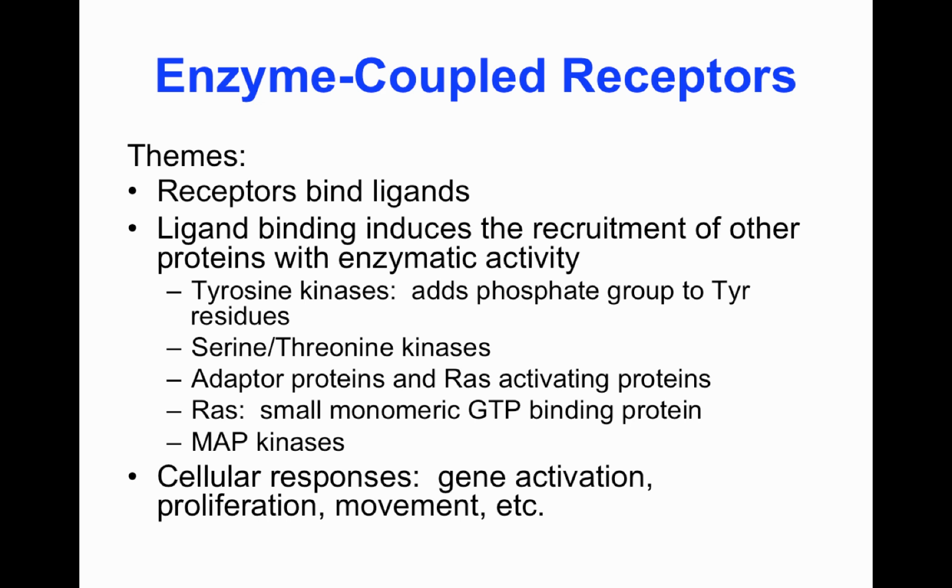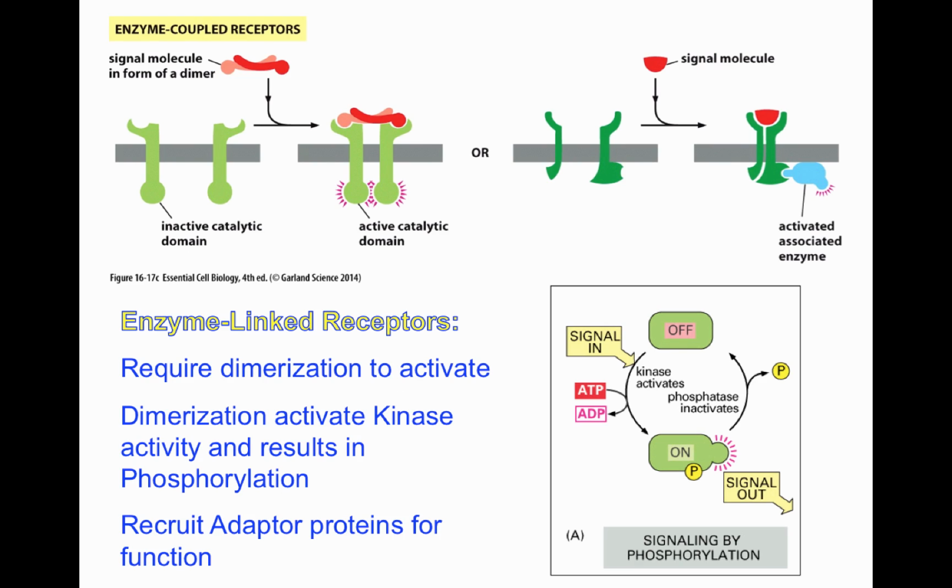When activated, the enzyme-coupled receptors are able to induce gene activation, proliferation, movement, and even differentiation. So let's take a look at how that happens. Now, one interesting property of the enzyme-coupled receptors is that they are dimers.